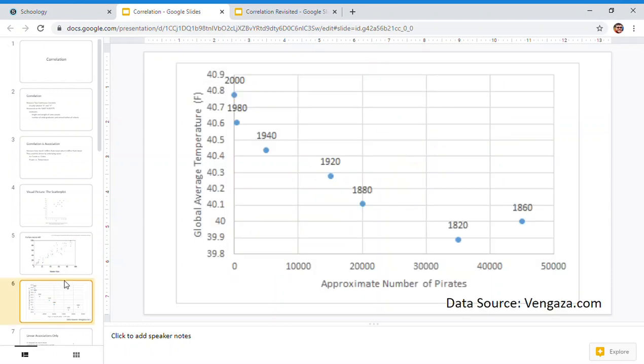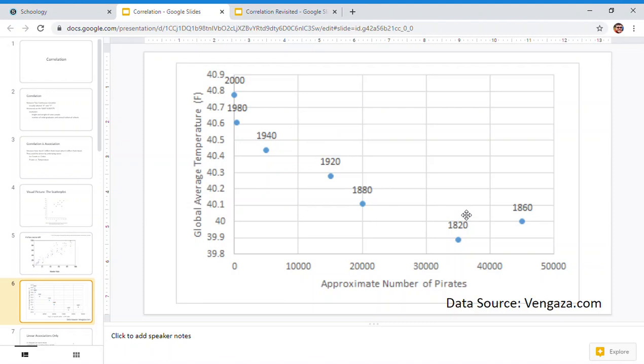Similarly, here is a global plot of how many pirates there are in the world, labeled by year, and what the average sea surface temperature was in a particular year. And you can see that there's this decline.